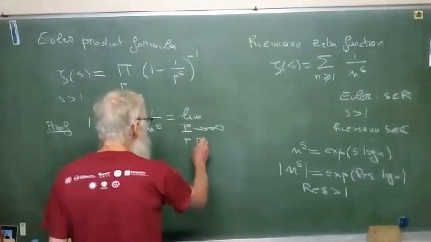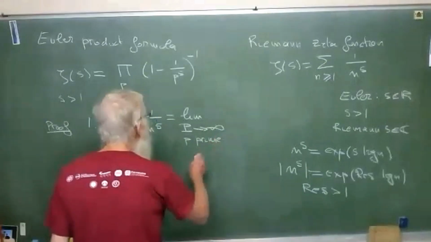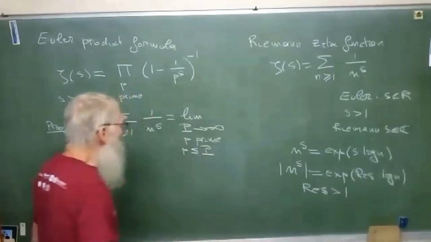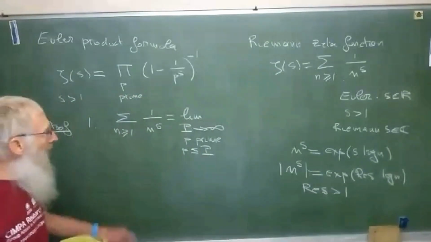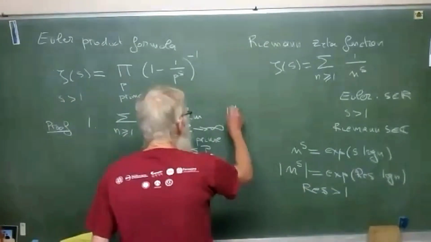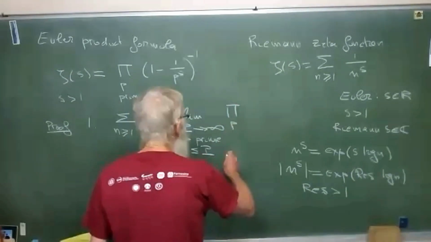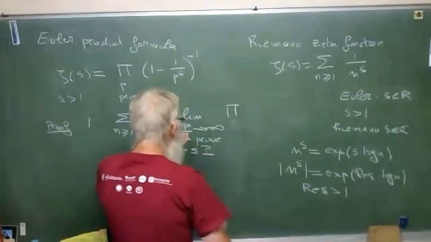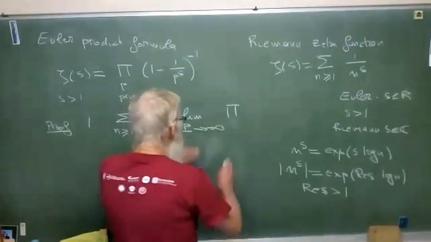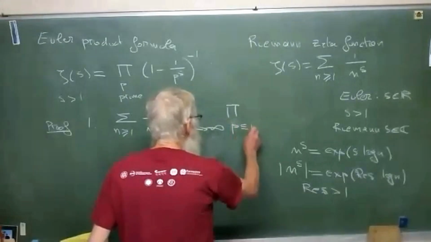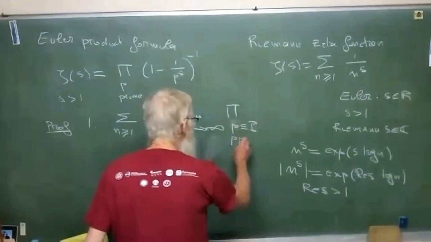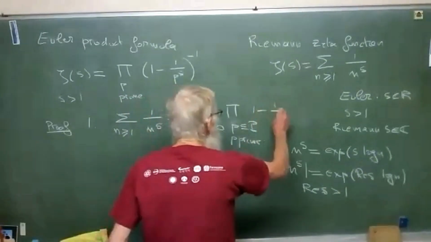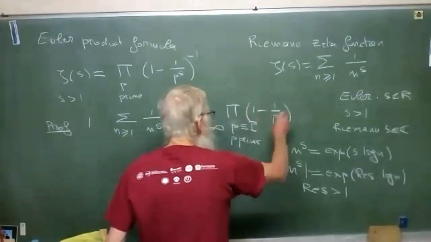of the product over the prime numbers p which are less than or equal to P. This is capital P, this is small p. And then we take the product, and the limit when P tends to infinity, of the product over p less than or equal to capital P, p prime, of (1 minus 1 over p to the s) to the minus 1.